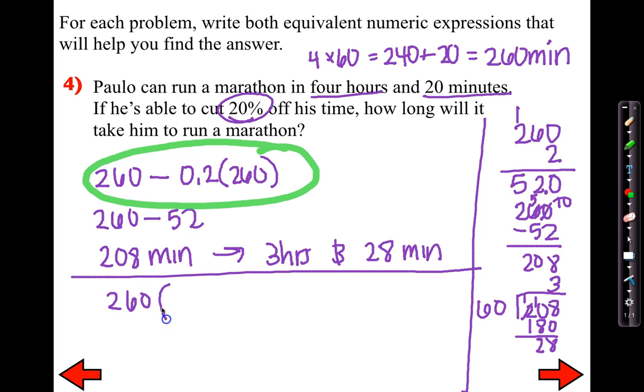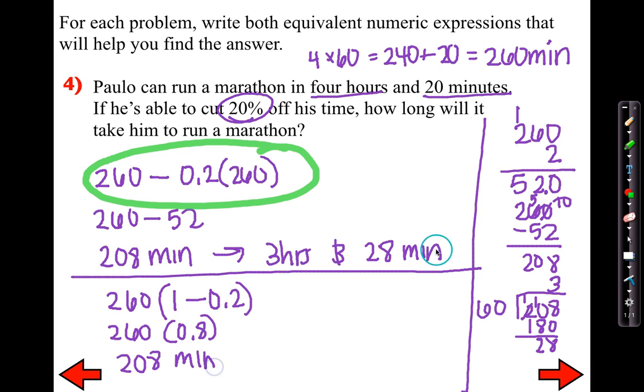If you're wondering how I got 80%, I'm basically taking 1 and subtracting the 20%. So 260 times 80% is still going to leave me with an answer of 208 minutes. So again, this is further proof that these two expressions are equivalent, because our answer is the same. The values are the same.